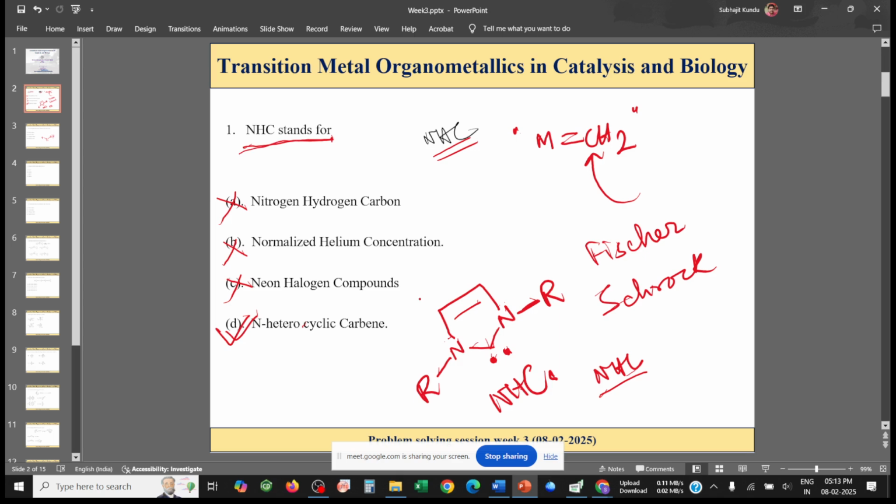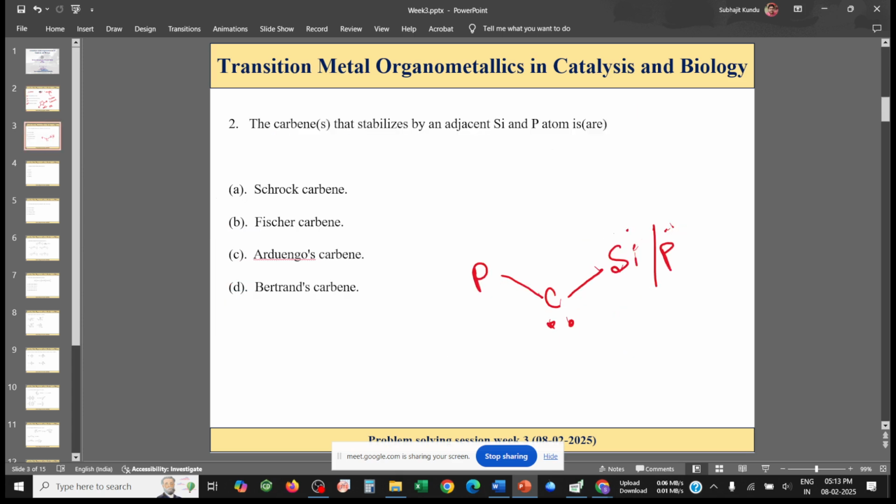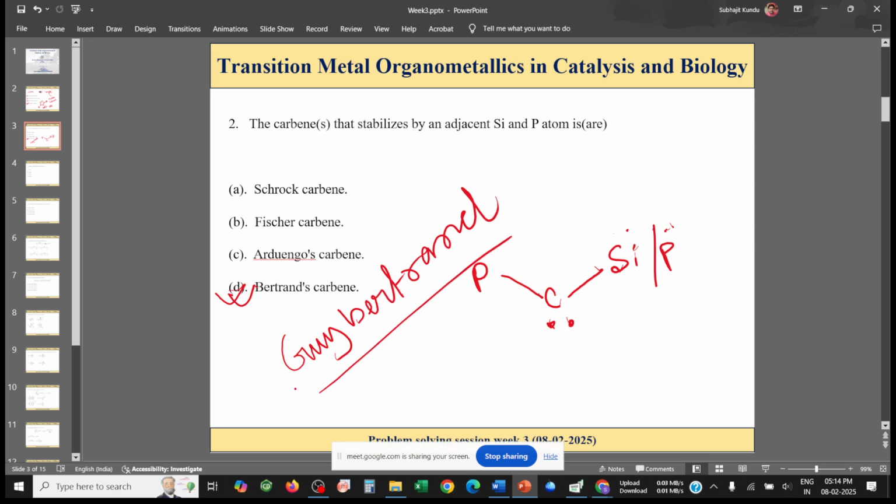Instead of nitrogen, if we have other types of carbene, it is called Bertrand's carbene, because the person Guy Bertrand developed this carbene system in 1985, way before the Arduengo carbene.